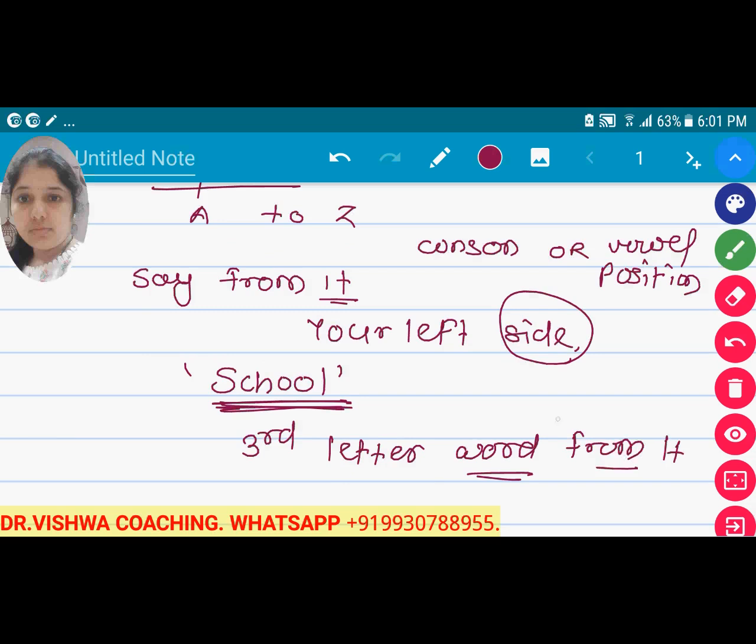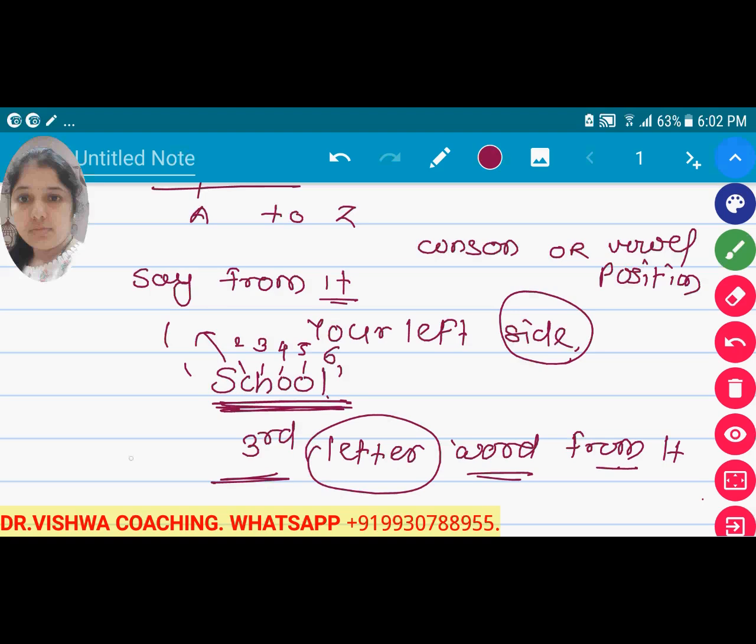I told you that you have to find the letter at the third position in the given word school from the left side. So you have to count from S, not from the L. S has position 1, C 2, H 3, O 4, second O 5, and L as a sixth position.